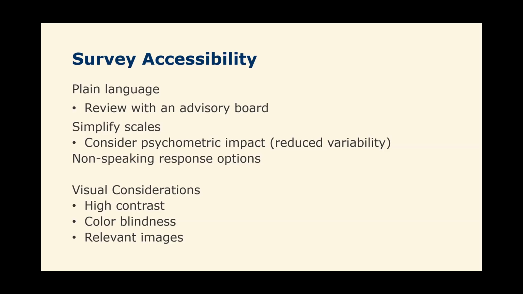We also took into consideration color blindness. So in any of the visual elements that we included, making sure that they were on a scale that was perceptible by anybody with color blindness, and making sure that any imagery we used was relevant and fit the scenario and didn't have any decorative imagery that was distracting or potentially confusing.